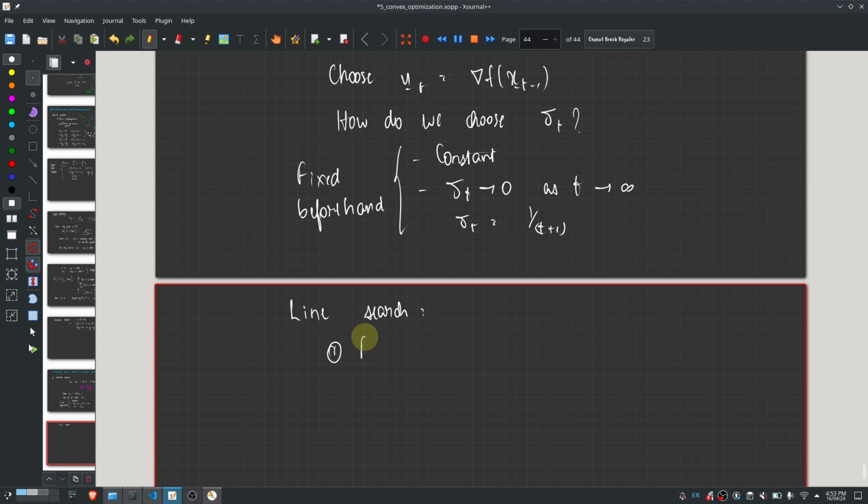The exact line search is wherein you choose delta t such that f of (x(t minus 1) minus delta t times the gradient of f at x(t minus 1)) is minimized.